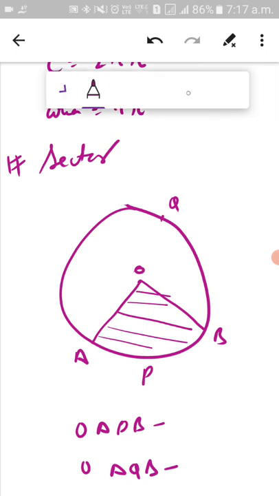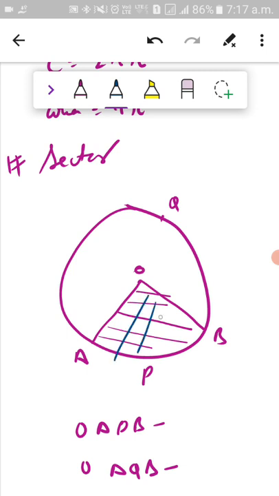So what is the difference between these two sectors? OAPB, which I am studying with this one, you can see its size is smaller than OAQB.